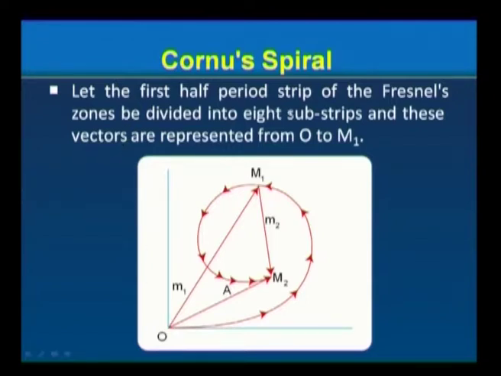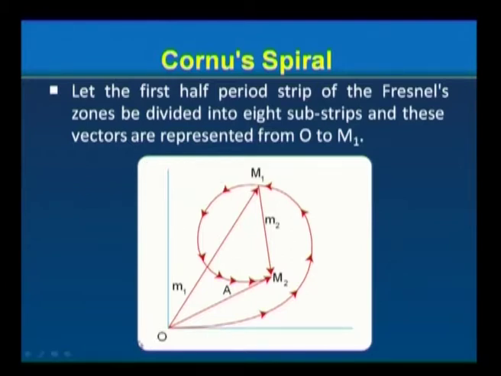Let the first half period strip of the Fresnel zones be divided into 8 substrips, and these vectors are represented from O to M1. This refers to the first half period zone in the complex plane.